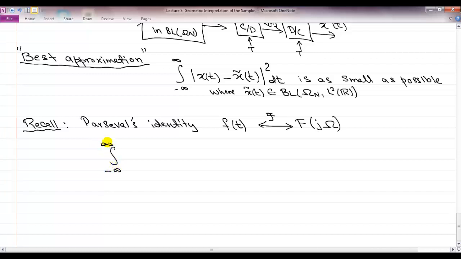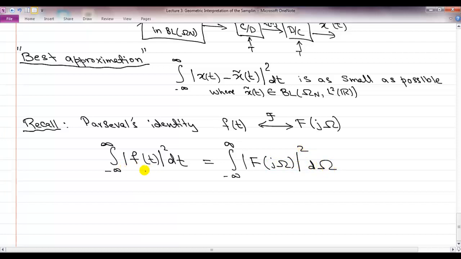So the integral from minus infinity to infinity of the absolute value squared of f of t, dt, is equal to 1 over 2 pi times the integral from minus infinity to infinity of the absolute value squared of F of j omega, d omega. The 1 over 2 pi is there because we are doing radians per second. This is energy in the time domain, and this is energy in the frequency domain, and Parseval's identity says that both the energies are equal because you are just doing a transformation of bases, nothing else.